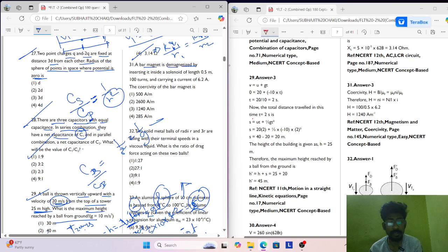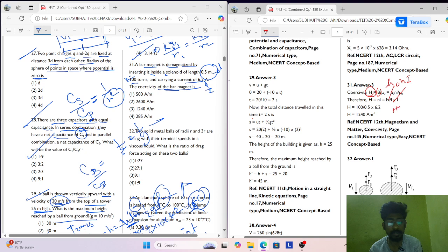A bar magnet is demagnetized by inserting it inside a solenoid of length L, with 100 turns N given, carrying a current I. Find the coercivity of the bar. Coercivity is given by the formula H equals B by mu naught, and B for a solenoid is mu naught N i. Mu naught will cancel out, right?